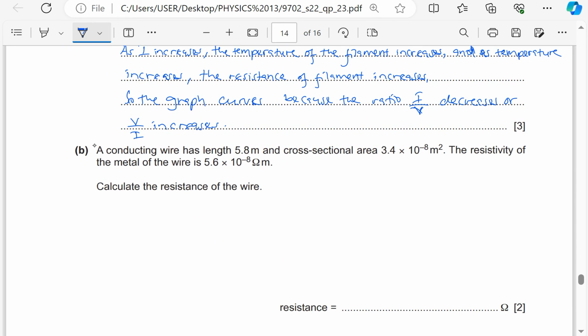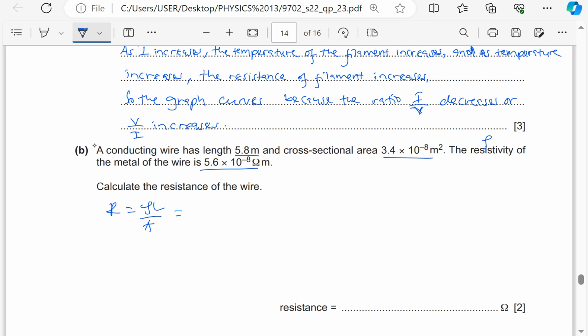A conducting wire has length 5.8 meters, cross-sectional area 3.4 times 10 to the power of minus 8 meters squared. The resistivity of the metal wire is 5.6 times 10 to the power of minus 8 ohm meters. Calculate the resistance of the wire. Of course we know that resistance is equal to rho L over cross-sectional area.